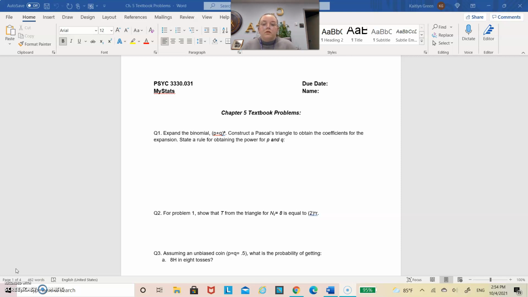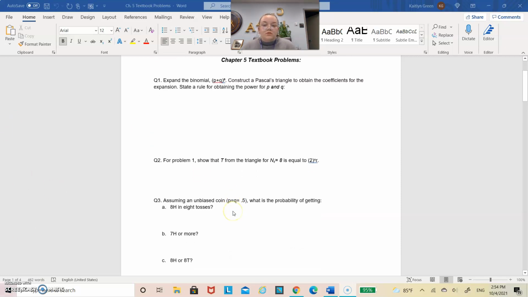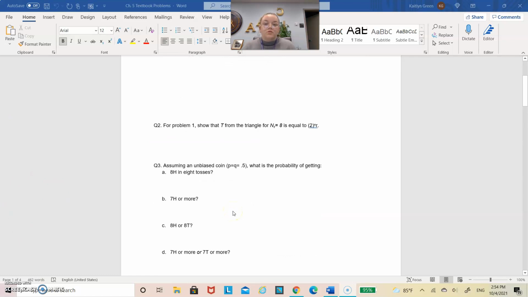So that's number 1. Moving on to question 2, it says for problem 1, show that the sum from the triangle, with n equals 8, is equal to 2 to the n. And the way that I did that is I simply found what 2 to the 8th power was, and I got 256.